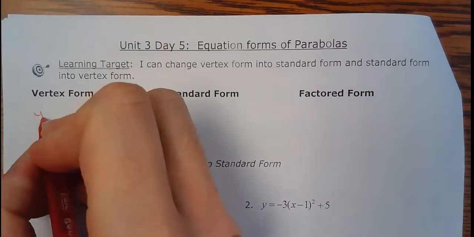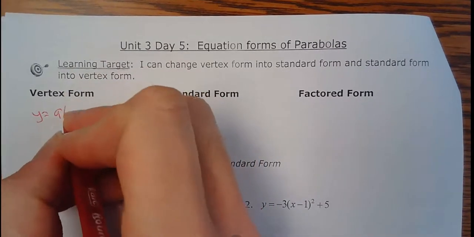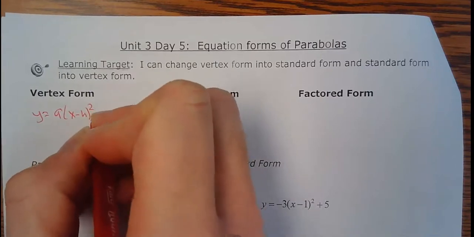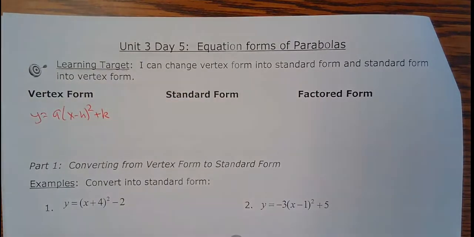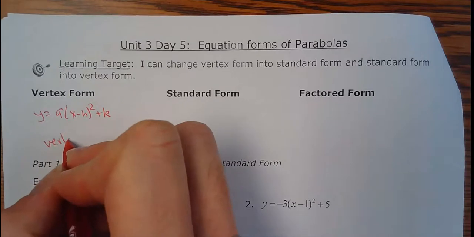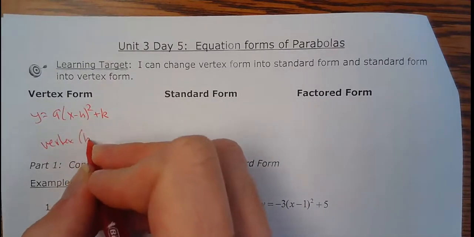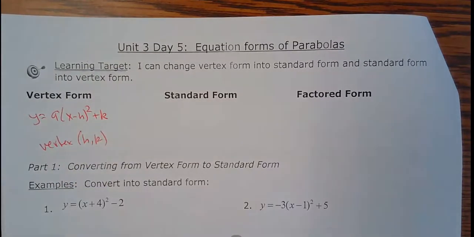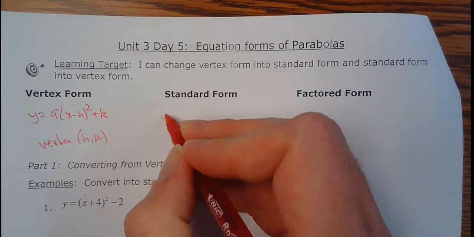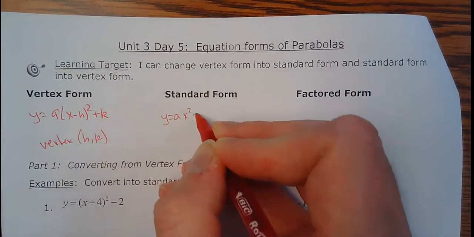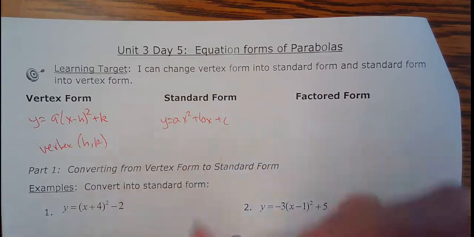So vertex form, if you remember, it's going to have y equals a(x minus h) squared plus k, where that vertex, it's screaming it at you, that's the h and the k. And then there's the standard form, y equals ax squared plus bx plus c.